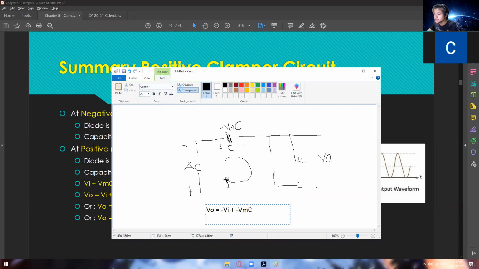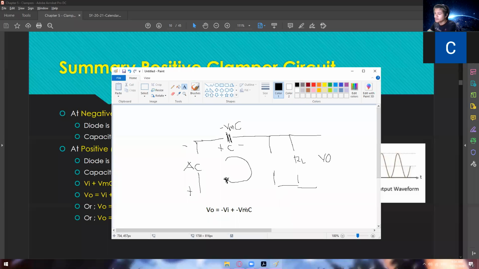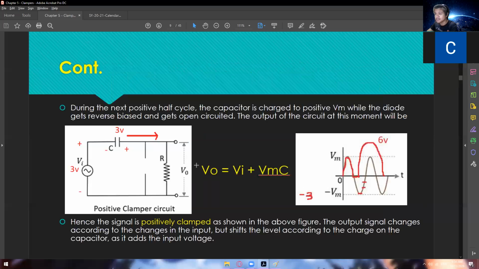This one is a negative clamper. So V sub O is equal to negative V sub I plus minus VMC, or negative VMC. Okay, so let's change this one. Let's make it like this. So this one now is a positive clamp, the one that we've discussed a while ago.